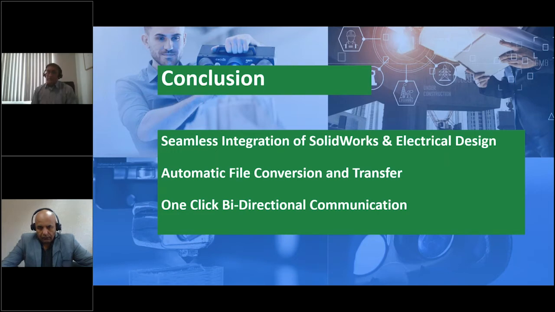And what is very powerful is this automatic file conversion and transfer. You just do one click of a button and things are transferred. There's no messy third-party software which needs to integrate with them. All is under the SOLIDWORKS umbrella and still one homogeneous place where all the software works in tandem with each other.